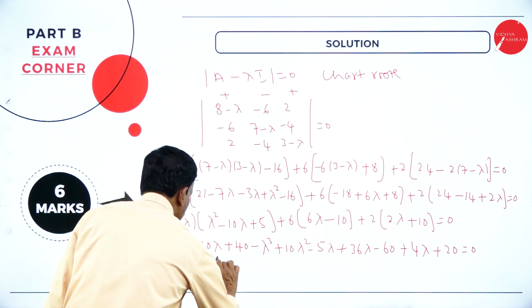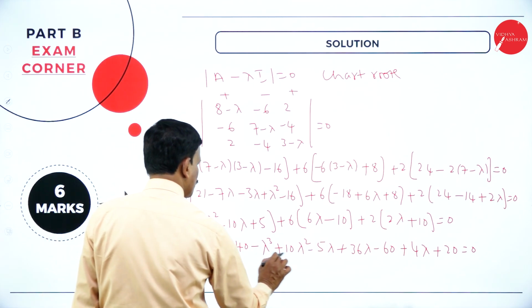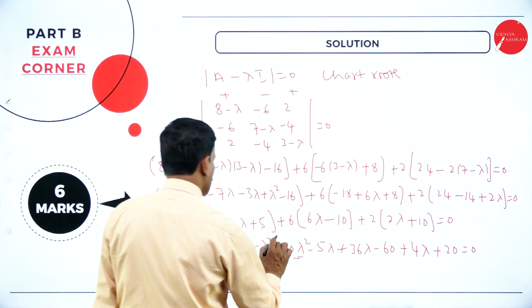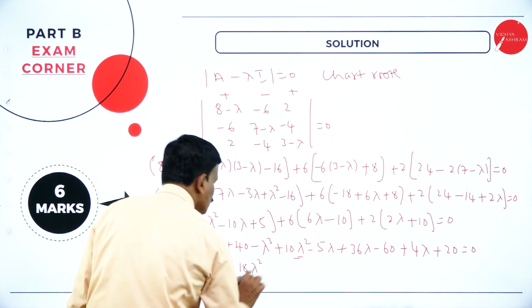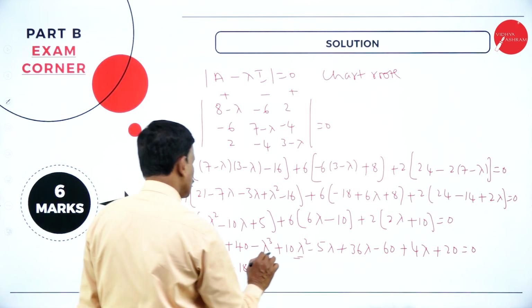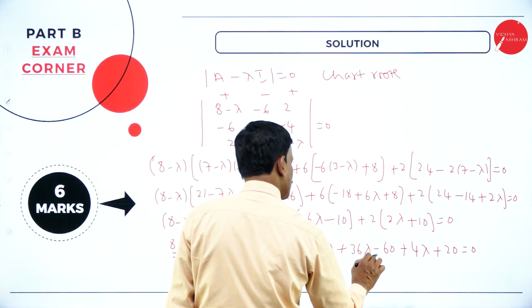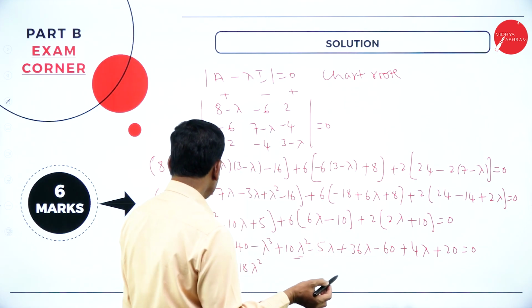Minus lambda cube, write down minus lambda cube, and lambda square, 8 lambda square, 10 lambda square, 8 plus 10 is 18 lambda square. Now lambda term, how many lambda? Minus 8 lambda, then minus 5, minus 6. Yes. So let us cancel the terms which get cancelled. Anything gets cancelled?